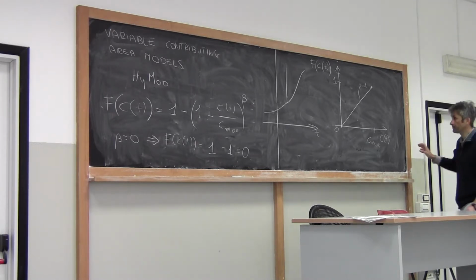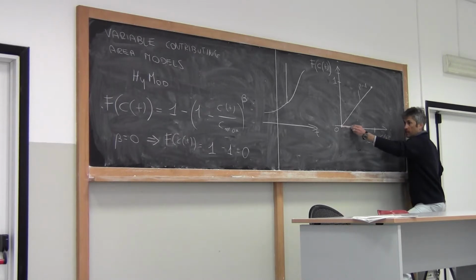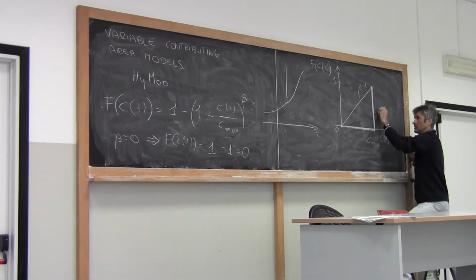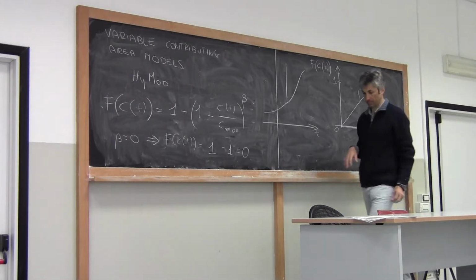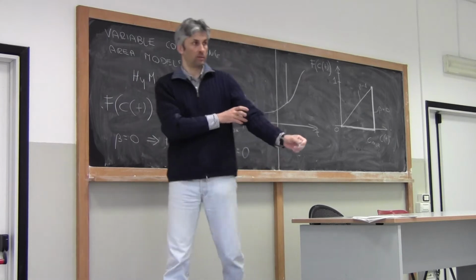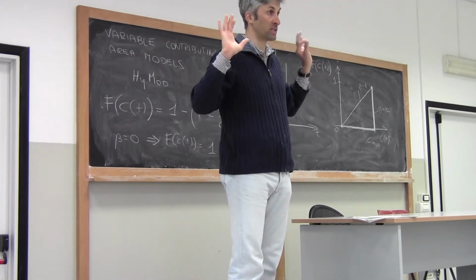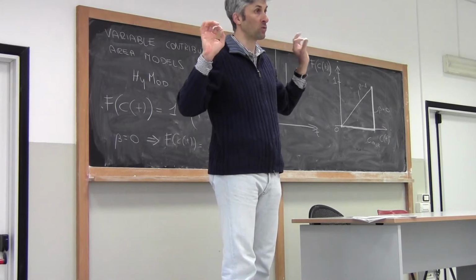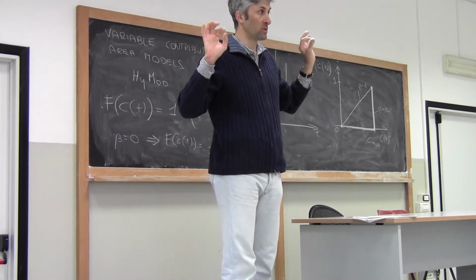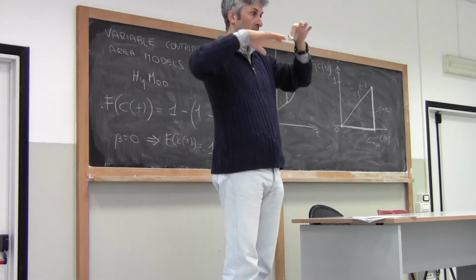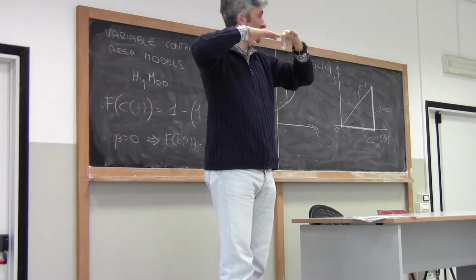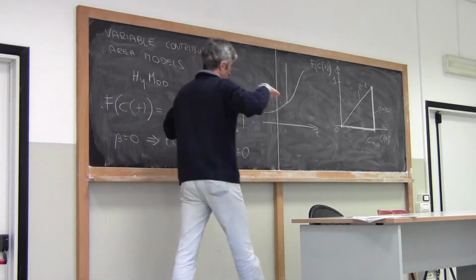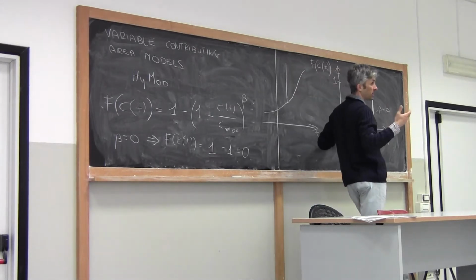So if I wanted to draw it here, I would need to draw in this way. This is beta equal to 0. This is a limiting case, which is the case of the linear reservoir. For the reservoir, until you get to a value of C_max, you have a percentage of saturated area that is 0.